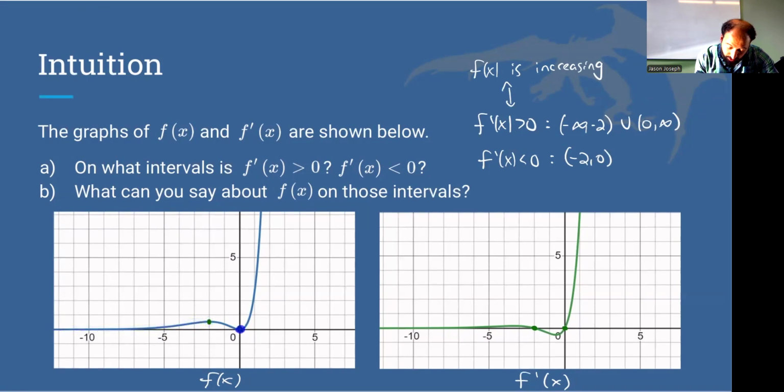And then also again from the origin and forever forwards. And then this tiny little interval from minus 2 to 0, it's decreasing. That corresponds to exactly when the derivative is below the x-axis. Okay, so the sign of the first derivative tells us when f is increasing or decreasing.